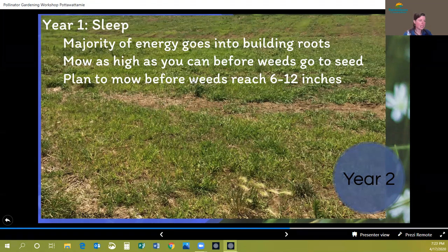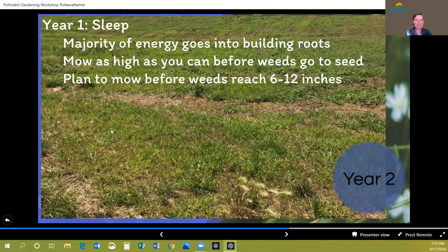So for the maintenance, you seeded maybe in the winter or you seeded in the spring and they're finally starting to germinate. What you need to do is make sure you mow because you're going to have weed pressure. You're always going to have weed pressure with these big seedings. And it feels wrong, right?